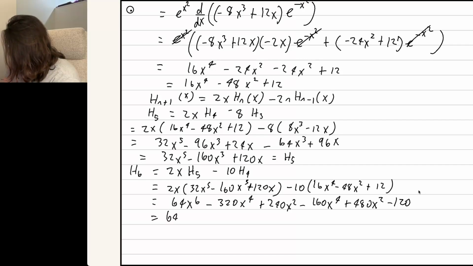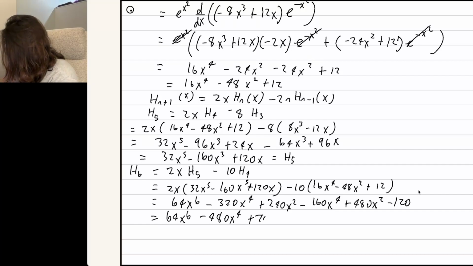So we get to keep 64x sixth. 320 plus 160 is, is that 580? No, it's 480. Minus 480x fourth, and then 240 plus 480, is that 720?